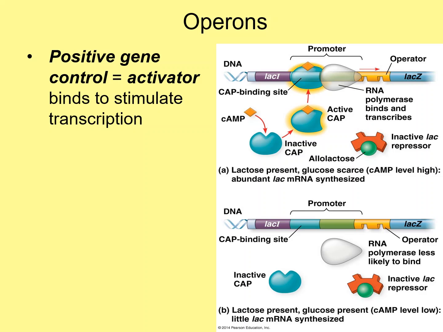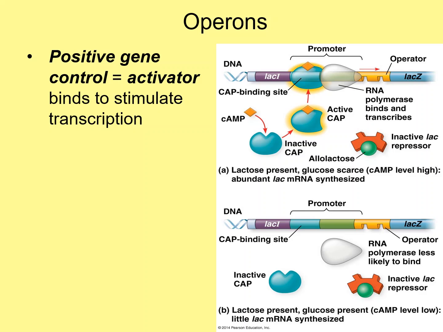It's always the active repressor molecule that binds to the operator and stops transcription, right? So in an inducible operon, the repressor molecule is produced in the active form, and so it binds to the operator and turns the operon off.